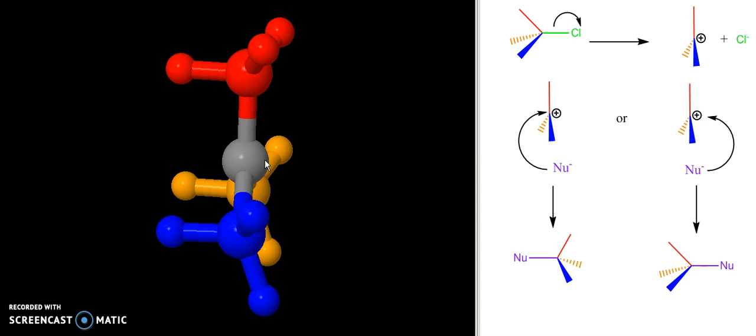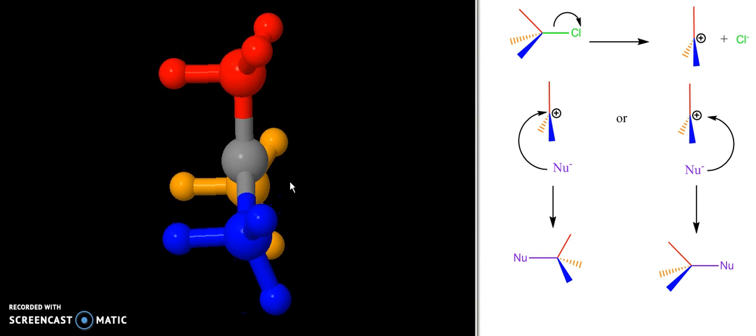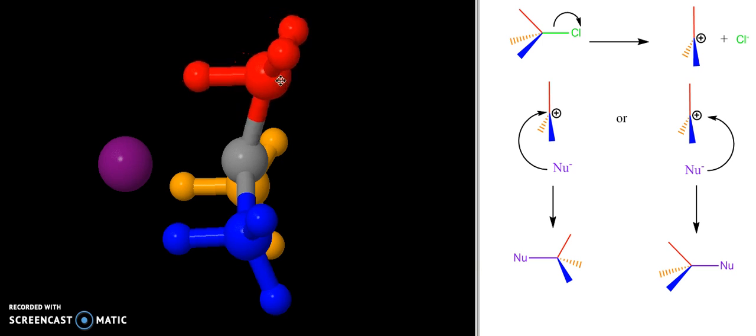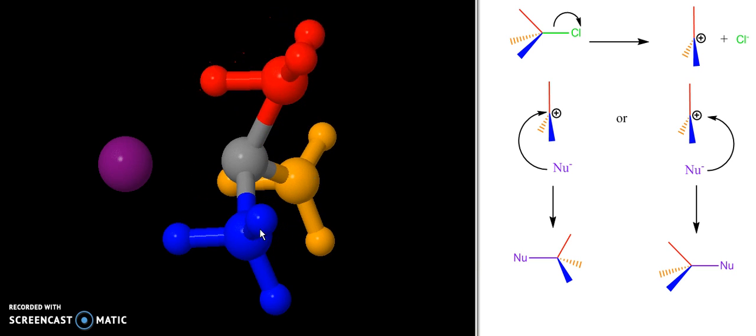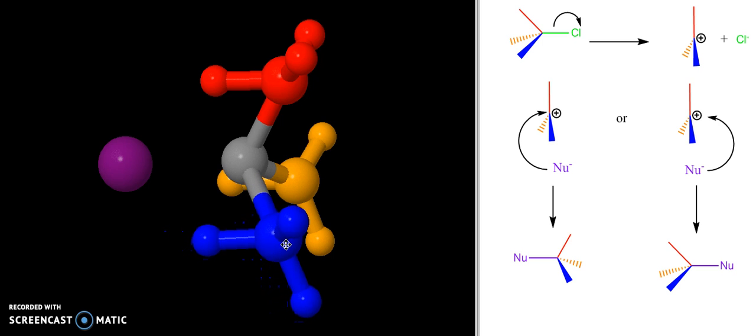Now we could do the same thing with our three-dimensional model over here. If we look at this product first and we show our nucleophile coming in from this side, as it approaches this carbon, these groups start to move back like this.